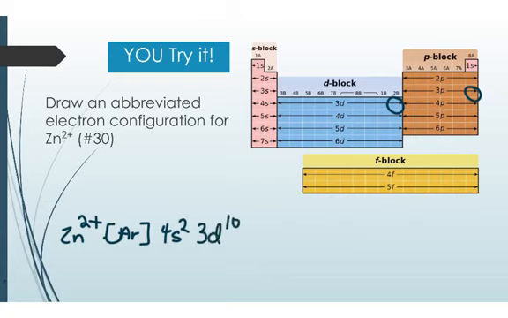Normally that's a 10. Because it is a 2+, that means we are losing 2 electrons. And again, they have to be from the highest numbered orbital. So we're going to take the 4s2. Just like I've shown you in the last 2 examples, I'm just putting a strike through the electrons I want to get rid of. That's completely fine. You don't have to erase them. You can just put strikes just like me.